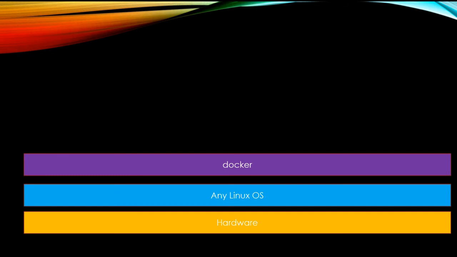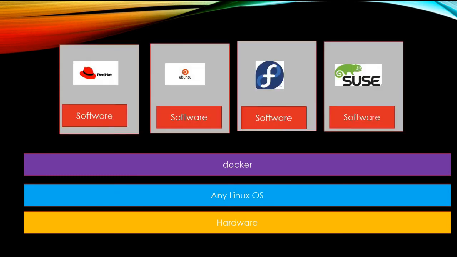So once Docker is installed on one of the Linux operating systems, and on top of it you create a container of any type, let's say you have created a container for Red Hat or for Ubuntu, although if you go inside those containers you might see that a container is running Ubuntu release, at the end of the day, base level kernel packages are not part of this container.